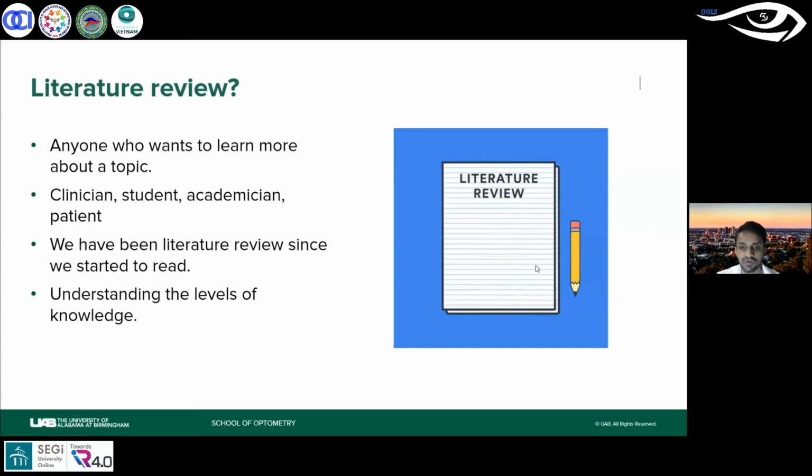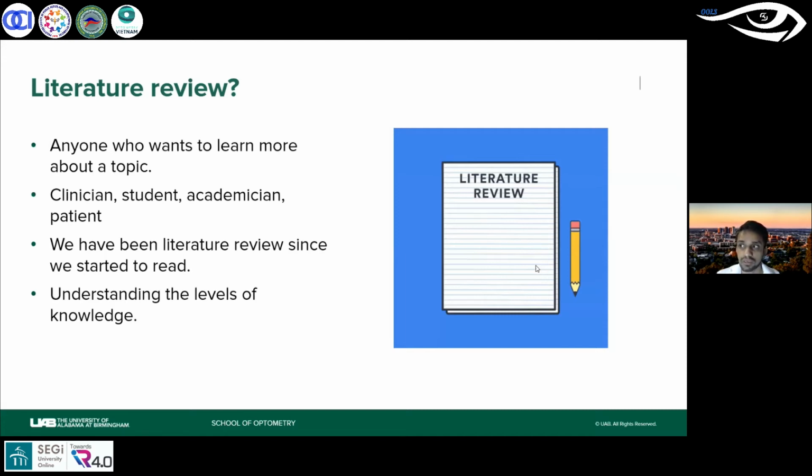Beyond that, when we started reading our textbooks in school, we realized, okay, what are the history facts and what are the scientific basics, like principles of motion, etc. In college, when we were in optometry, we learned about how eyes work and Gullstrand's eye or schematic eye, etc. That is also literature review when you try to study those.